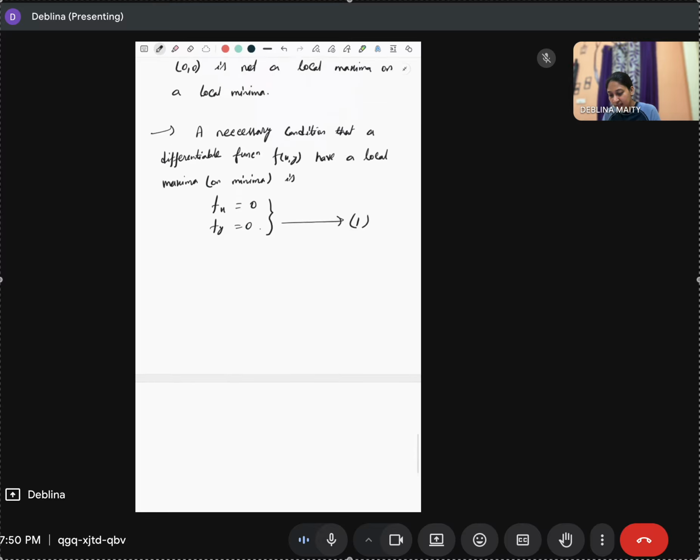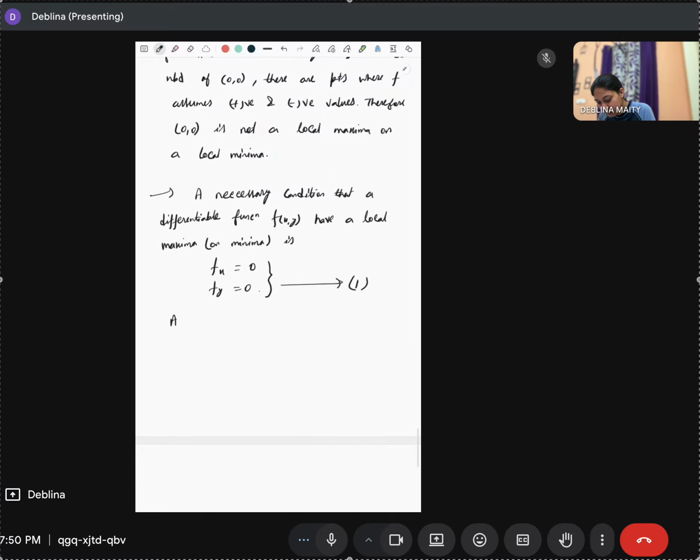Now a point (x naught, y naught) will be called a critical point of f if it satisfies 1.